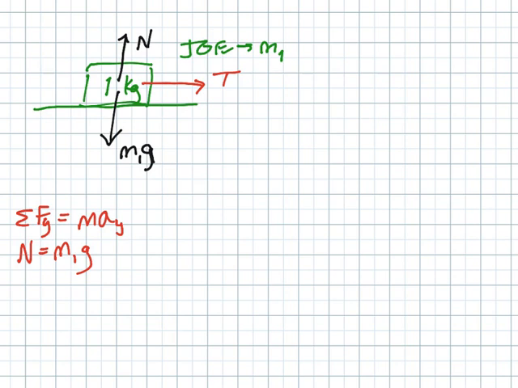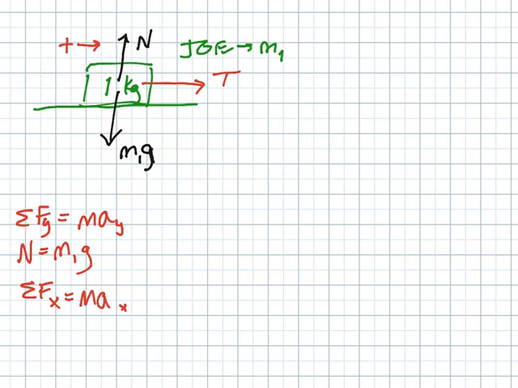Okay, what about the horizontal direction? Now, you won't always have to keep track of vertical and horizontal separately. I'm just doing it now to show you, indeed, the vertical forces cancel each other out. Also, I'm going to choose a direction here for acceleration, a coordinate system. So I'm going to call this direction positive.